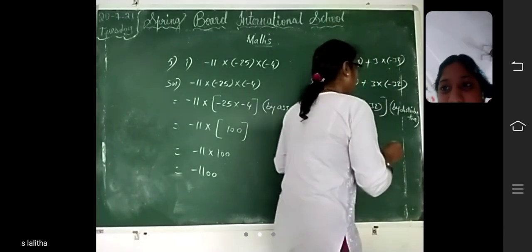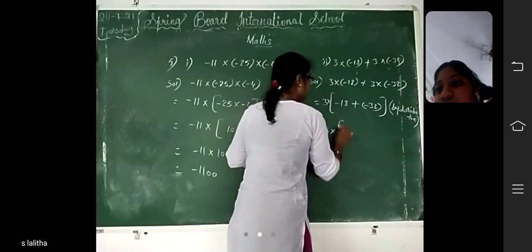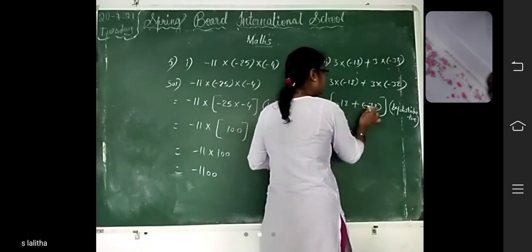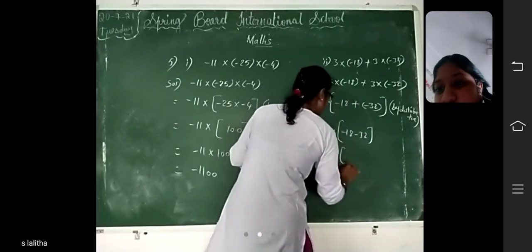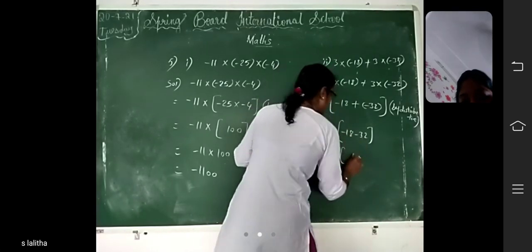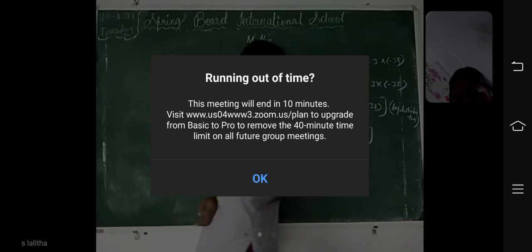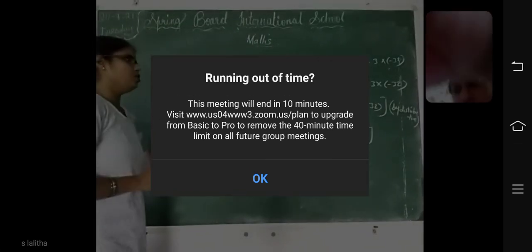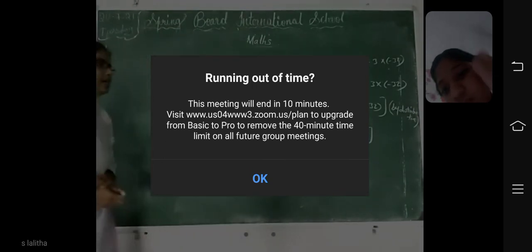By distributive law you have to use here. So 3 into minus 18 plus minus 32. 8 plus 2 is 10, 1 plus 1 is 2, 2 plus 3 is 5. Minus 50. So 3 into minus 50, how much, children? Minus 150. In the first term we used the associative law, in the second term we used the distributive law. Okay children? Right.